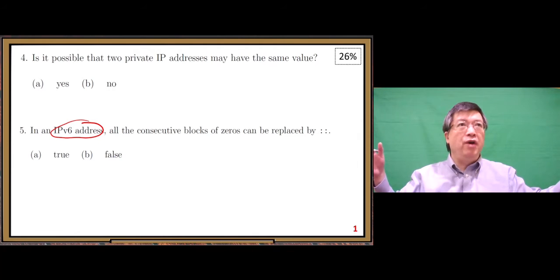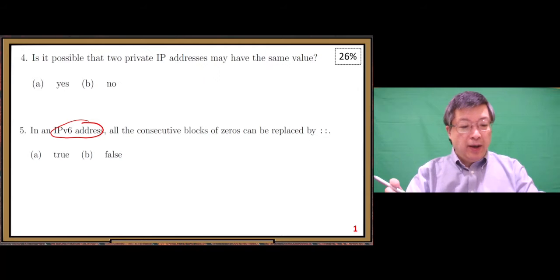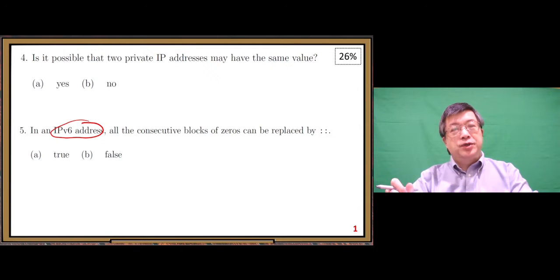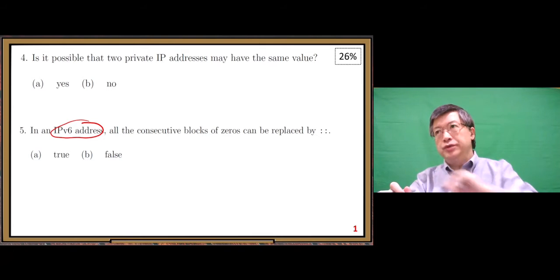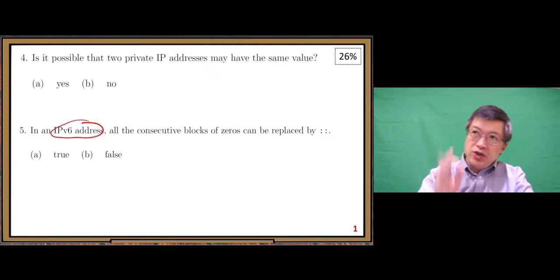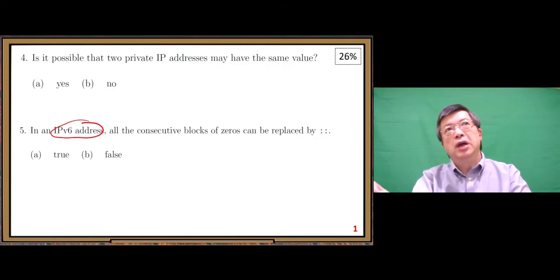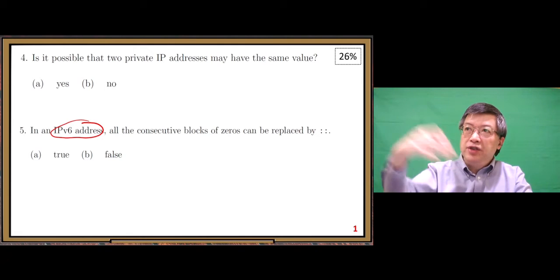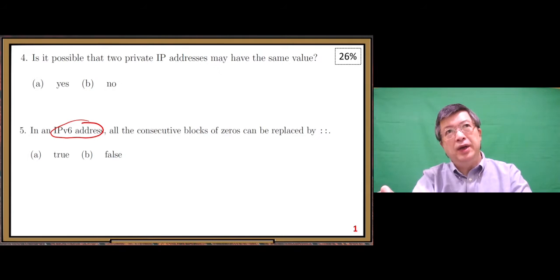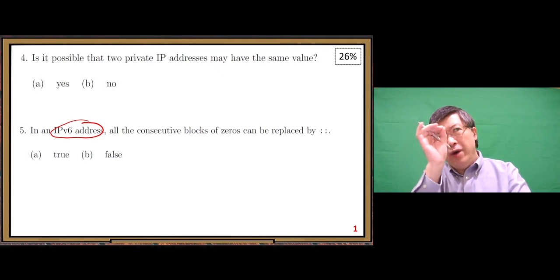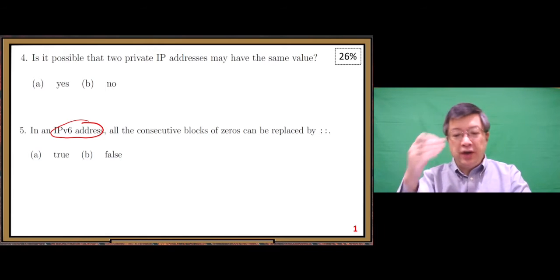But in the notes, I discussed several basic rules. Here, in the question I designed, I try to test you on one of those rules. I do not want to go too far on IPv6 addresses, too complicated. So I selected one special property and created this question.